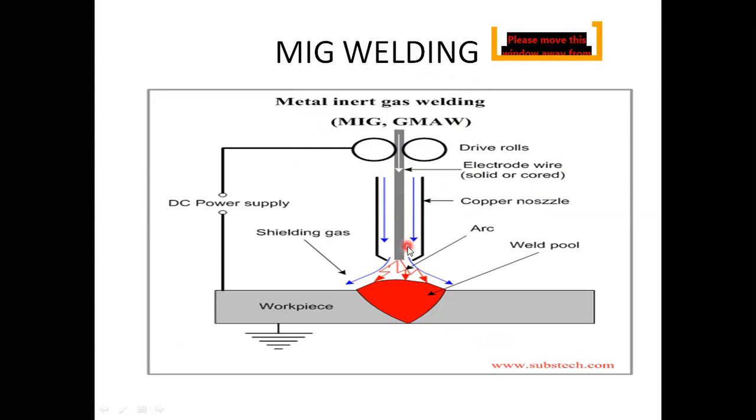Look, whenever high temperature is used, there is some ionization, ozone gas, and some chemical reaction occurs with the atmospheric gases, and it may cause some difficulties. That's why some inert gas or some active gas is used, so that the atmospheric gas could not come together with this filler material. So it will not create any harm.